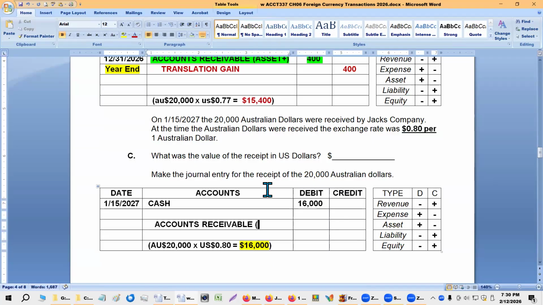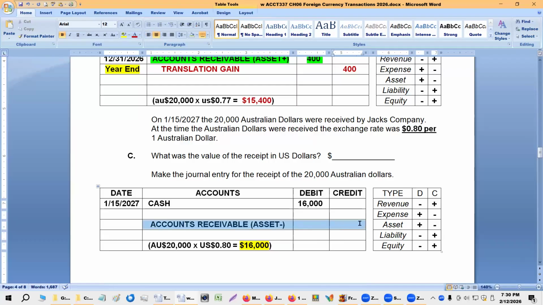So this is going to be an asset going down. They no longer owe us. Okay, so we have to take that off the books.